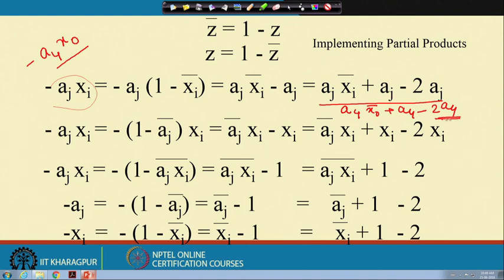So, minus 2 A4 means what? 2 of A4 is just a left shift by 1. And what is the corresponding weight? As this value is minus, the weight for that will be minus.